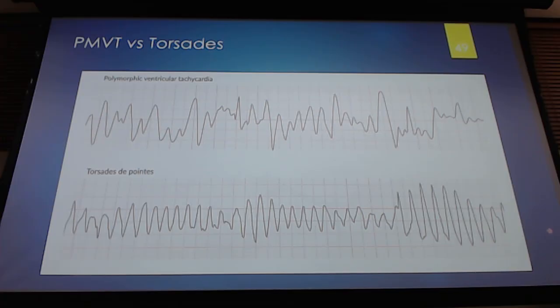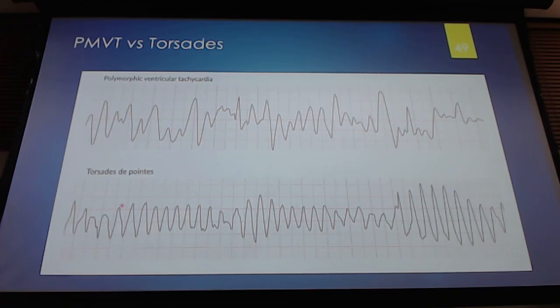So looking at the comparison between polymorphic VTAC and torsades, again, polymorphic VTAC is kind of all over the place, like we think with ventricular fibrillation, only the amplitude is much higher. And these patients oftentimes, although probably not feeling great, are still responsive to you. When we look at torsades, we have the changing in the amplitude, but it's more of a pattern changing.